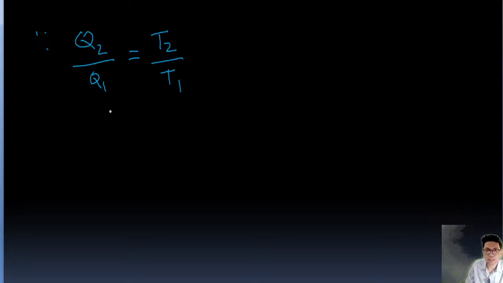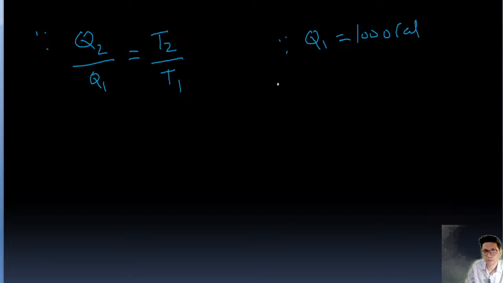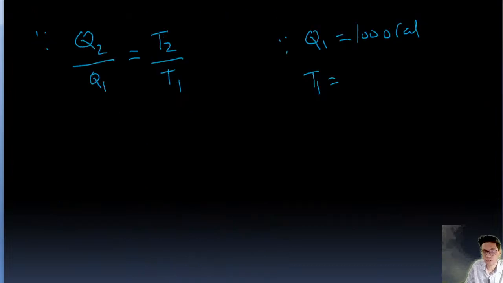We need to find Q2. Q1 is given in the question, that is 1000 calorie. T1 is given, that is 450 Kelvin, and T2 is given, that is 350 Kelvin, right?